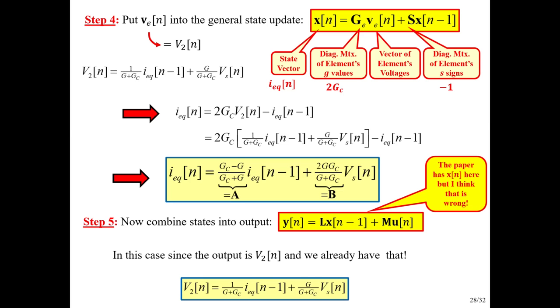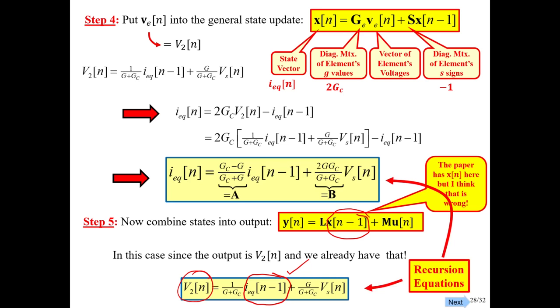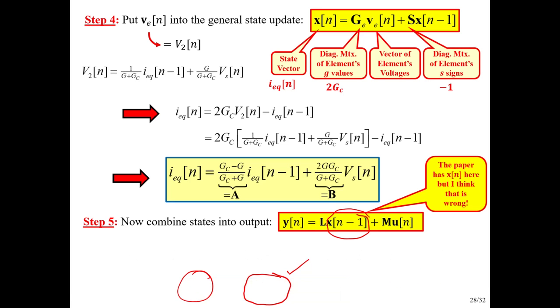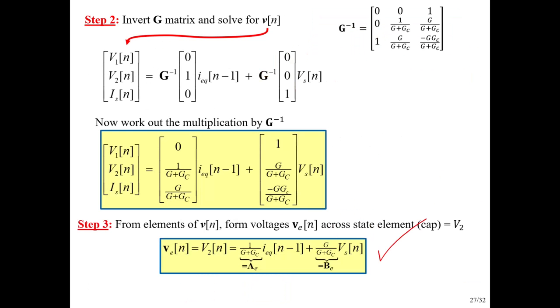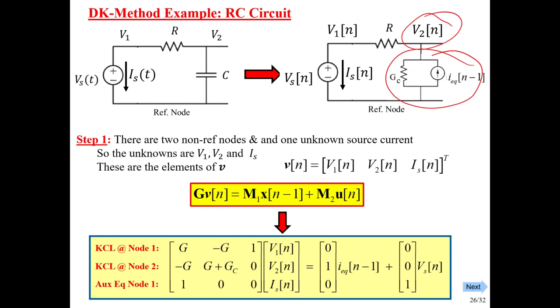So look, if I put in x of n minus 1 here, that's going to be IEQ of n minus 1. So we already had our output in terms of that thing. We wrote that down already. That was part of our extracted solution to our MNA. Now, why do I think that that is the right way to do it? Let's go back and look at the circuit, the discrete time equivalent circuit.